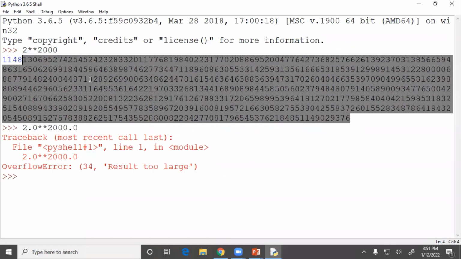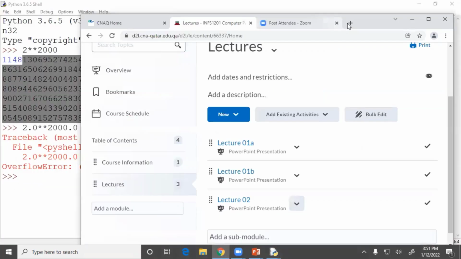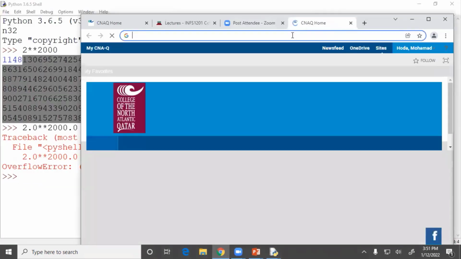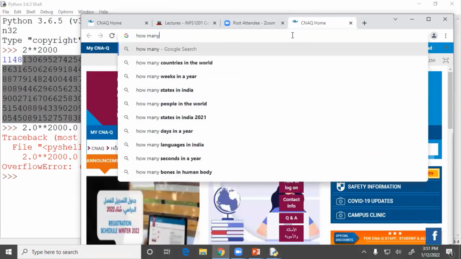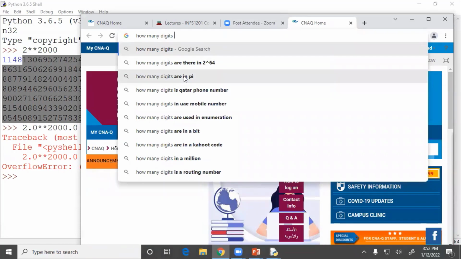Now, when we look at decimals, the float, I'm going to give you an example. Let's take this example: how many digits are in pi? You see this pi? You remember the pi? 3.1415, blah, blah, blah.